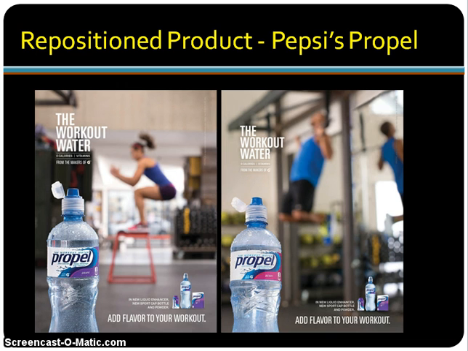line. Look at this example for repositioned products, and we talked about this again last week with the Old Spice example. Pepsi Propel decided that they were going to differentiate themselves from their other sport brand, which is Gatorade, which is also owned by Pepsi, that had primarily focused on males and females maybe 25 and older.